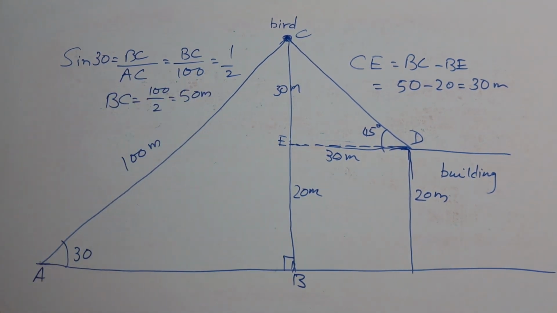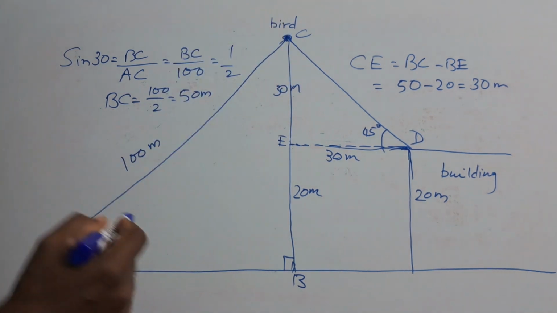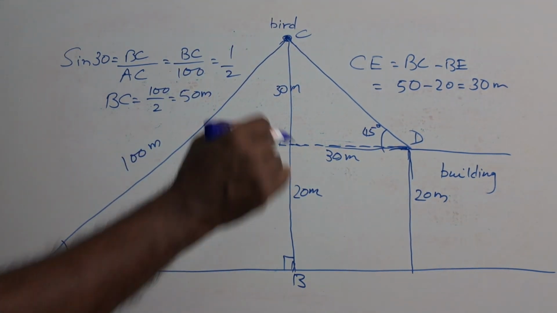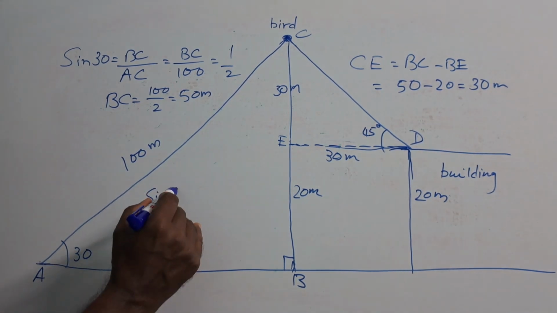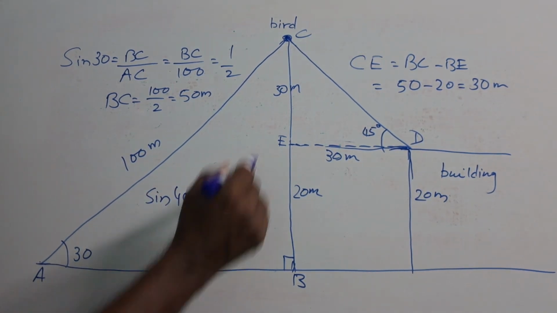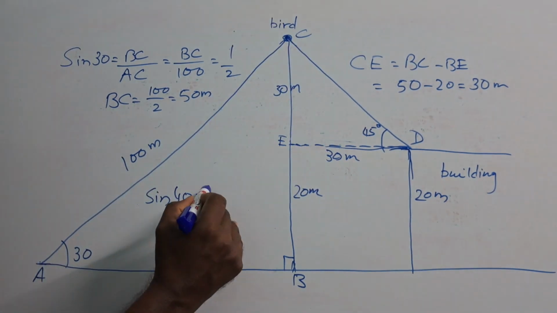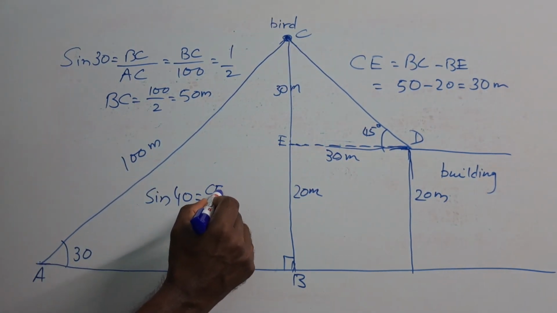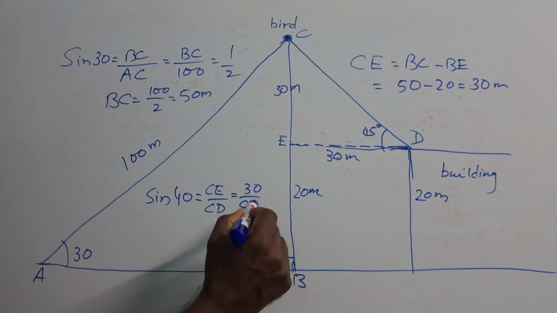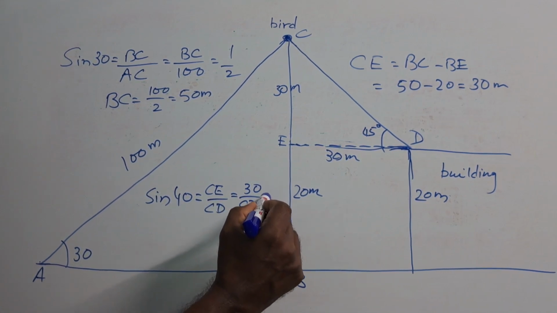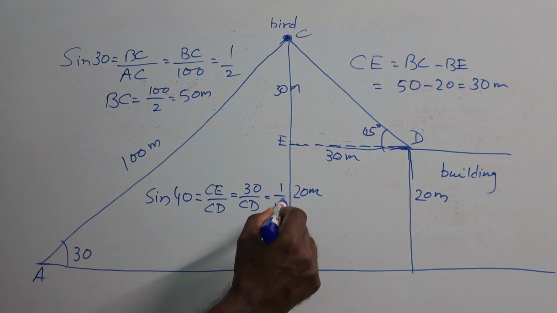CD can be calculated by different methods. By the Pythagoras formula, hypotenuse is equal to root of base square plus altitude square. Or in this triangle, sine 45 is equal to opposite, CE by CD, equal to 30 by CD, equal to 1 by root 2.